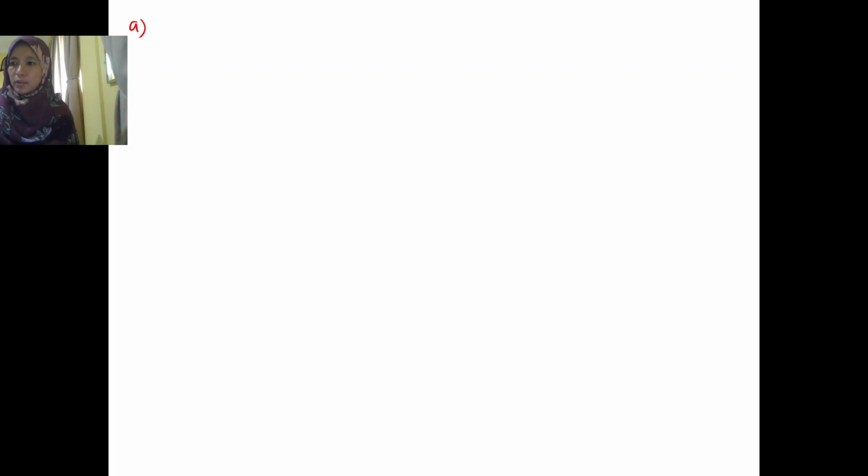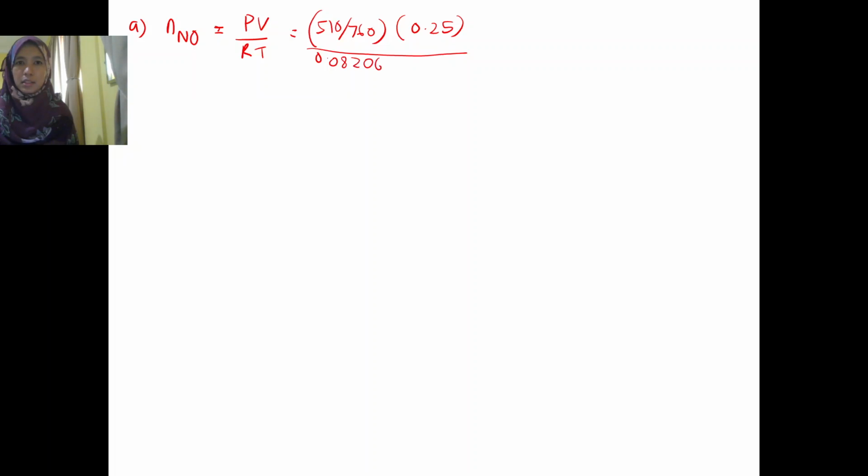So to calculate mole for NO, so PV over RT, so we have pressure in millimeter mercury, so convert to atm, 0.25 volume over gas constant 0.08206 times temperature given 350 K. So 5.8411 exponent negative 3 mole of NO. Okay, so the same step to calculate mole for oxygen.